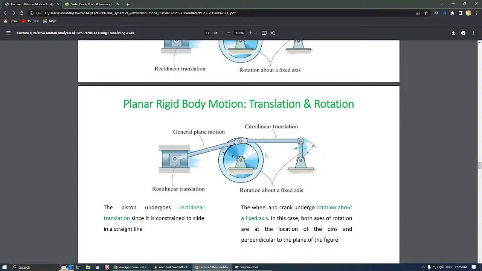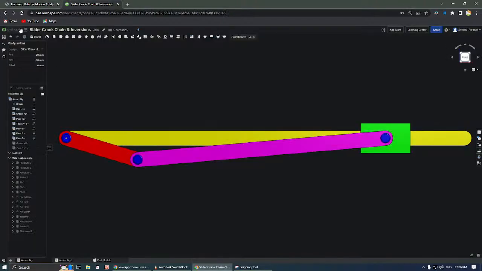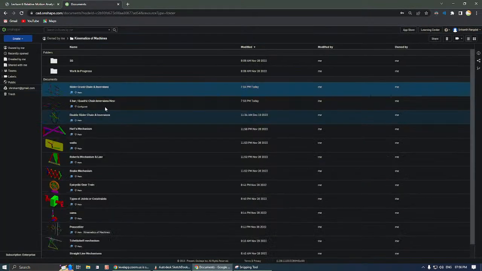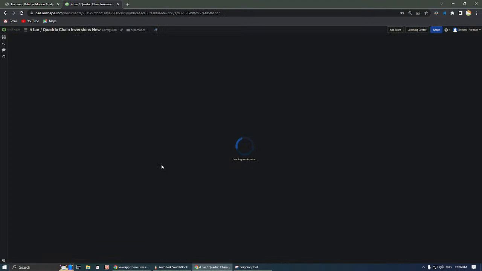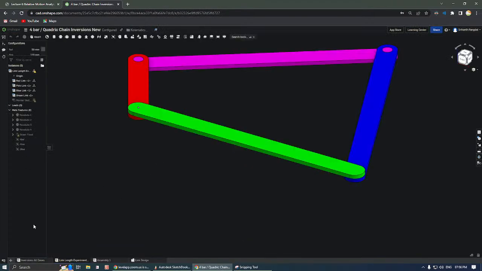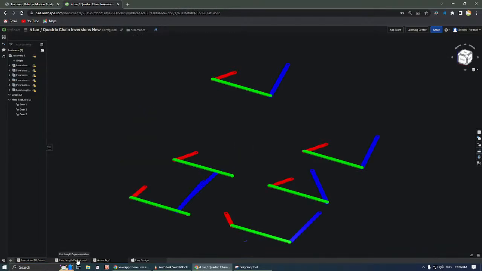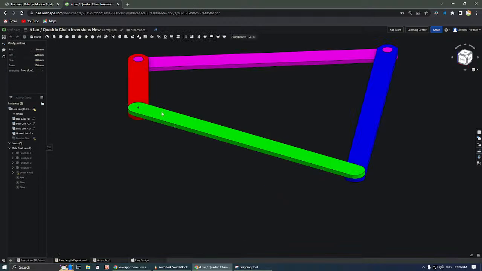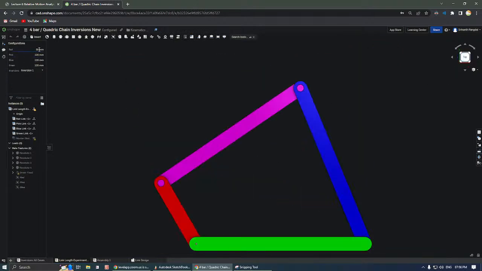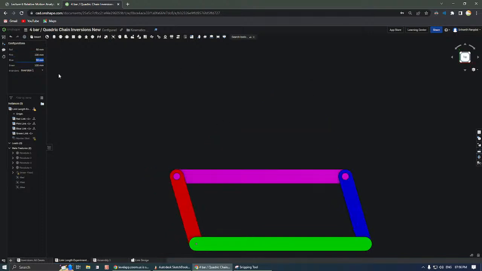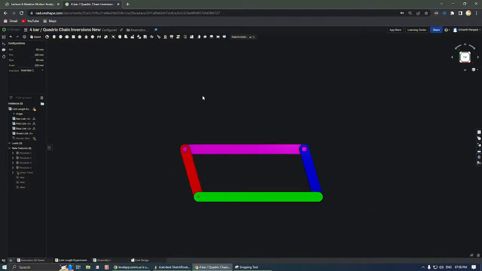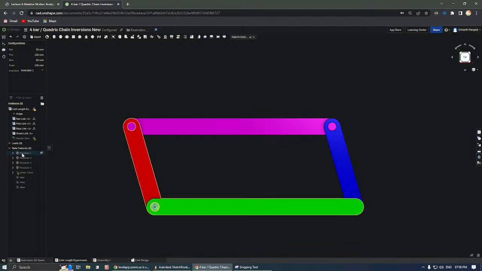Okay, so what happens here between these two is kind of like a parallel crank mechanism. Parallel crank means if the blue length is the same as this.